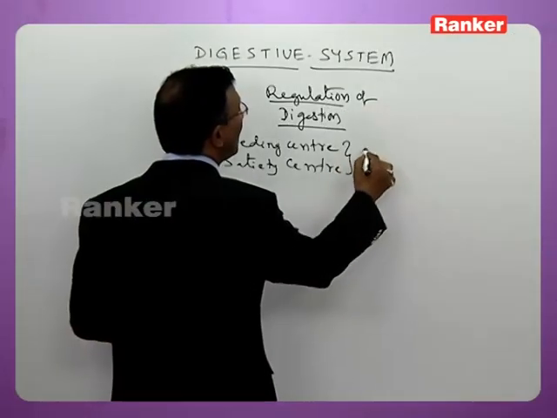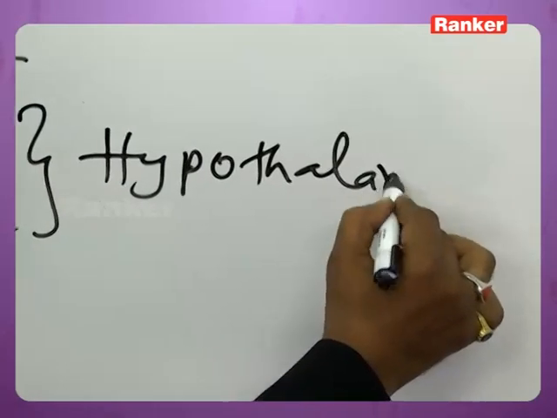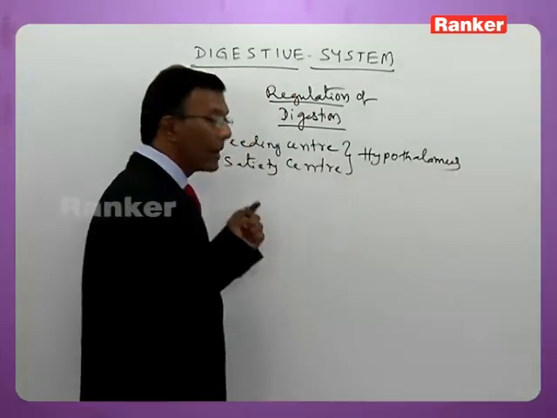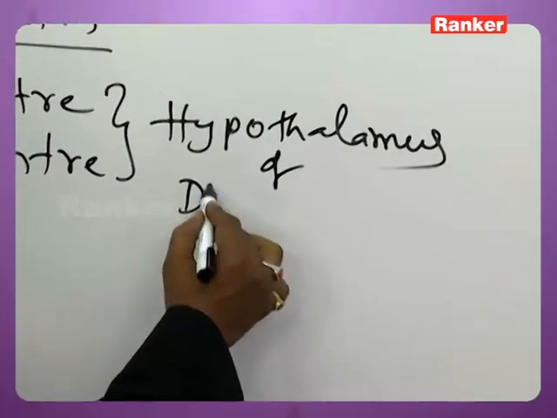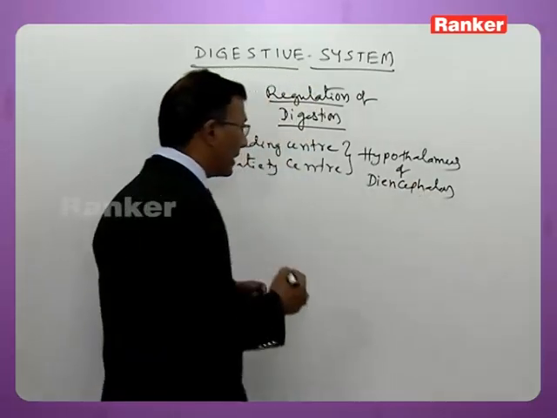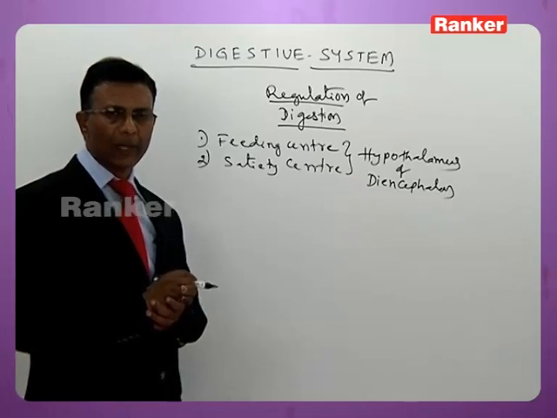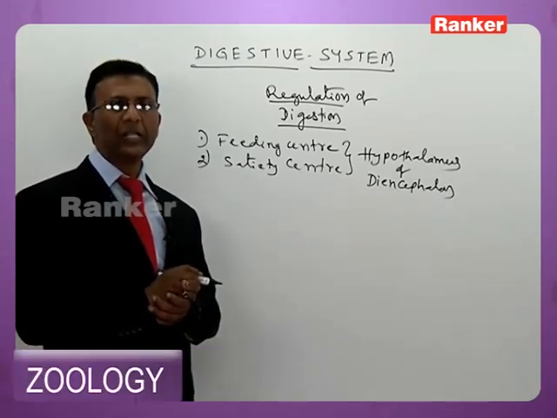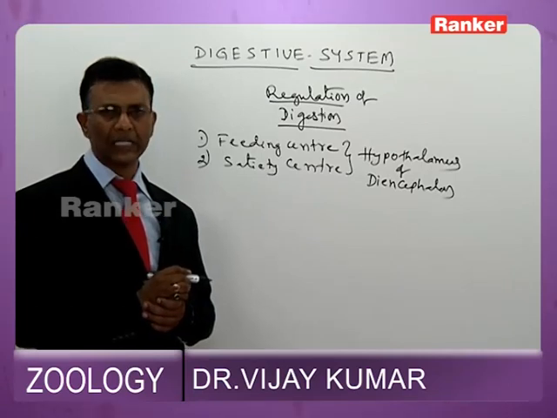Both of them are embedded in the hypothalamus of the diencephalon, and they are responsible for initiating an urge to eat food and suppression of that urge.